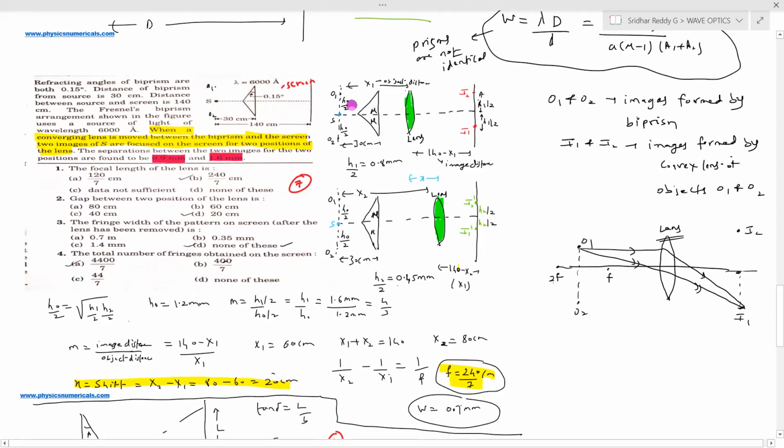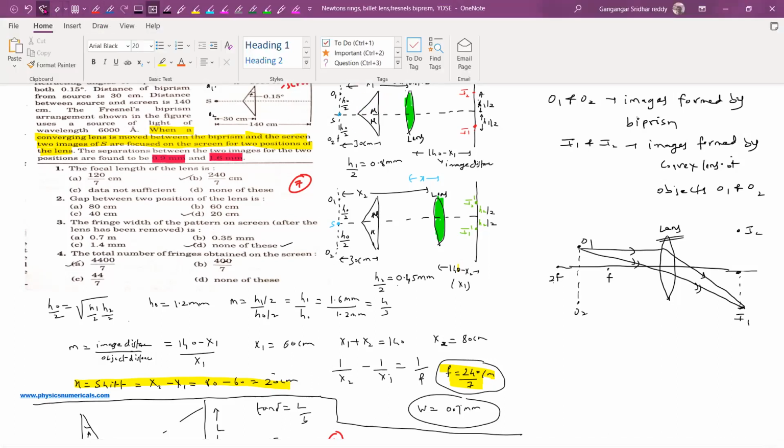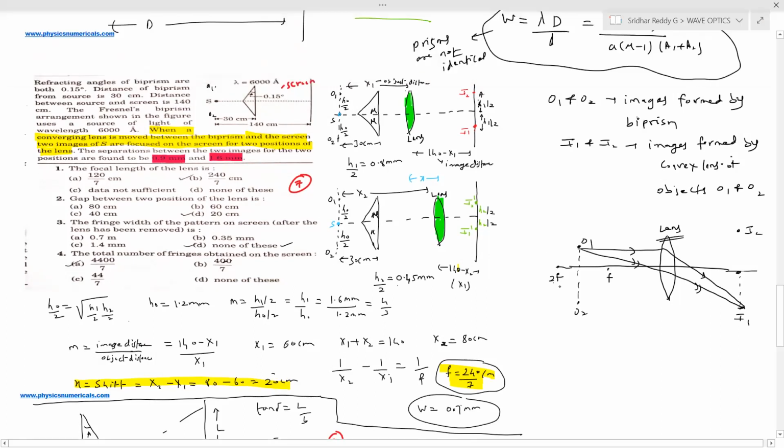Again, the same formula as the previous one. Delta equals mu minus 1 times a. I'll write it, why trouble you people? So what is the formula? Tan delta should be equal to h naught by 2 over a. This distance a is 30 centimeter.